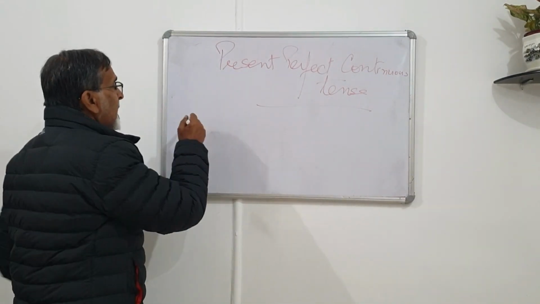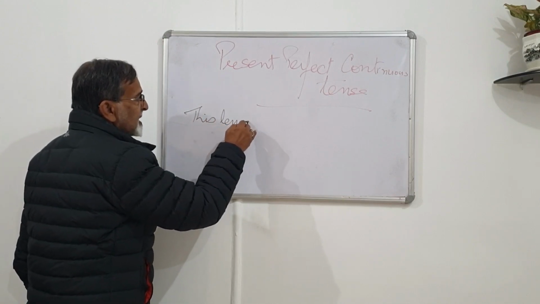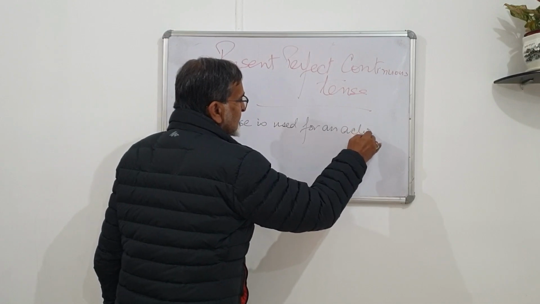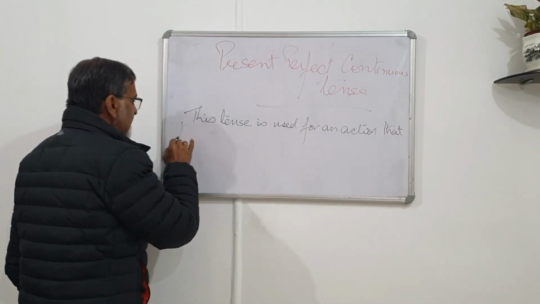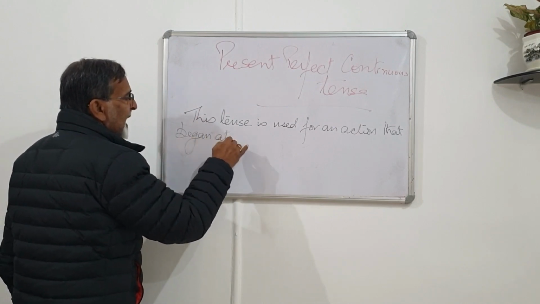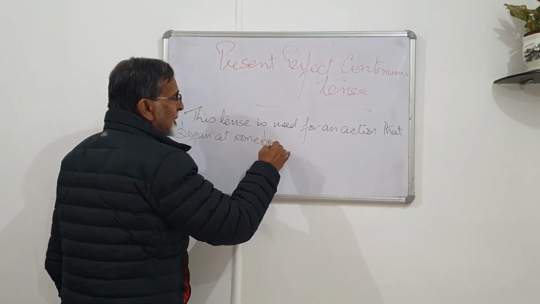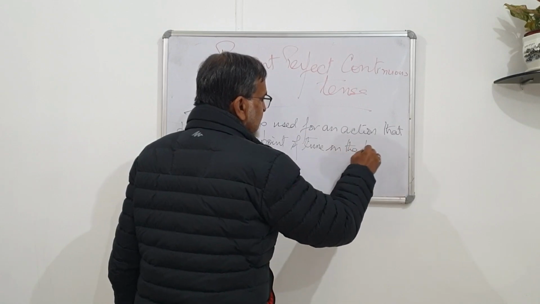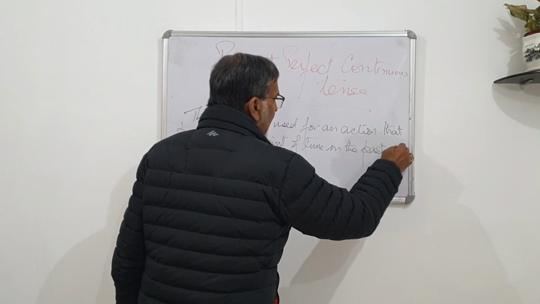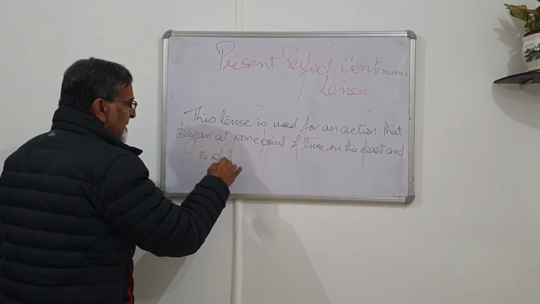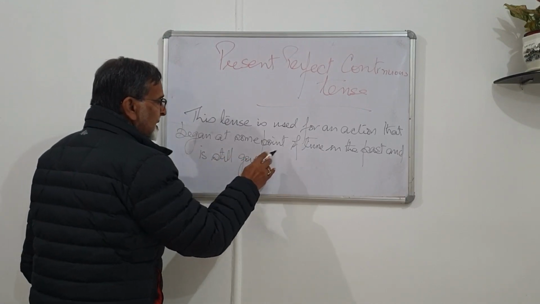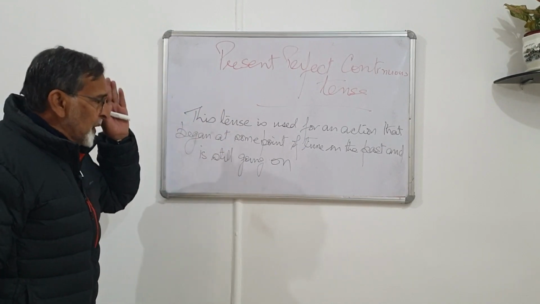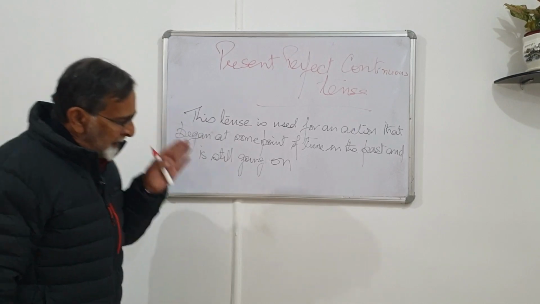Now this tense is used for an action that began at some point of time in the past and is still going on. ये टेंस उसके लिए यूज होती है जो कोई एक्शन पहले कभी शुरू हुआ था और अभी तक चले जा रहा है.